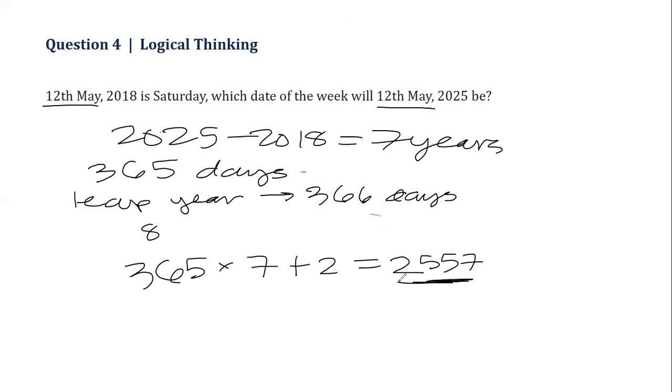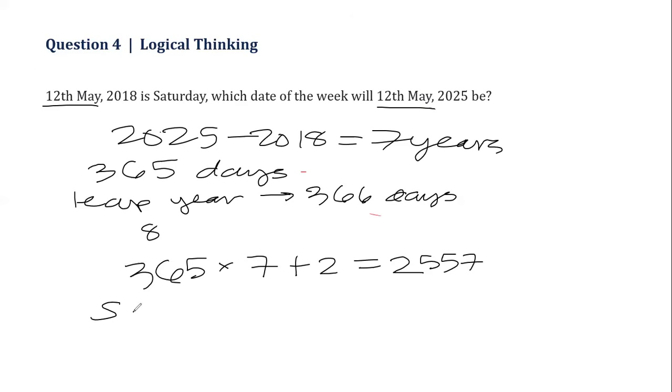So if you calculate the number of days, it should be your answer. The next step should be finding the remainder when you divide it by 7, which we technically don't have to do here since this is the equation. It's pretty clear what the remainder should be, which is 2. So if we divide this by 7, we should get a remainder of 2.